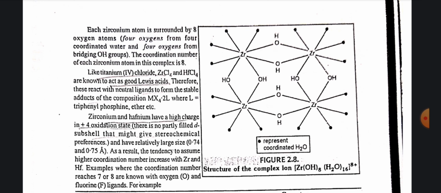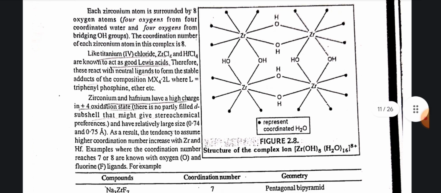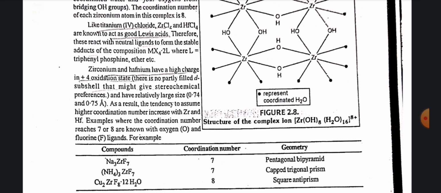Each zirconium atom is surrounded by 8 oxygen atoms: 4 oxygens from 4 coordinated water molecules and 4 oxygens from bridging OH groups. The coordination number of each zirconium atom in this complex is 8. Like titanium chloride, ZrCl4 and HfCl4 are known to act as good Lewis acids.